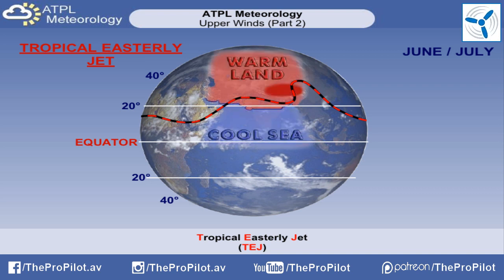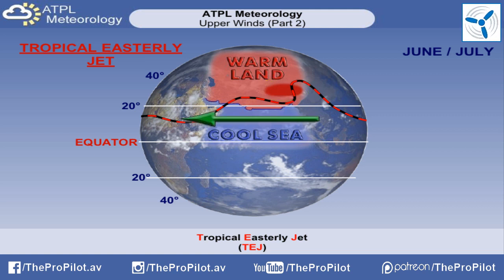Of interest is the Tibetan Plateau, shown here. It's a flat area at approximately 8,000 feet, and is warmed significantly during the summer months. This creates a strong thermal effect. The land mass will be much warmer than the relatively cooler seas nearer the equator. This temperature difference is enough to generate a jet stream.